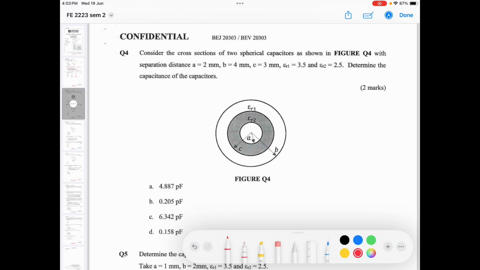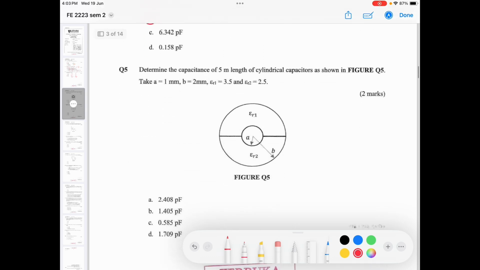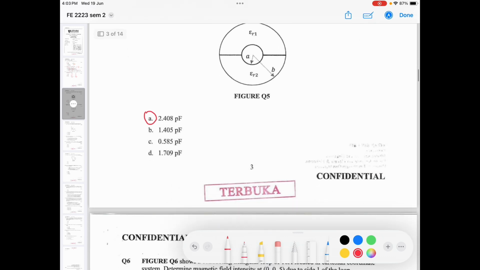So in this case, the answer is B. Just follow the answer in the module. Question number 5 is also a question from the module. So you can try it out, find the capacitance, and refer back to the steps that we have gone through before. So the answer is A.